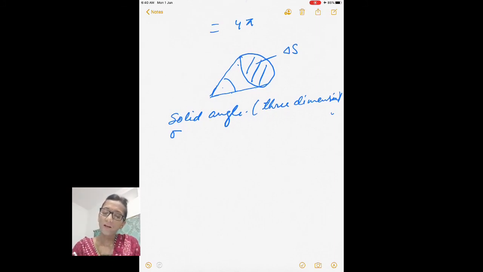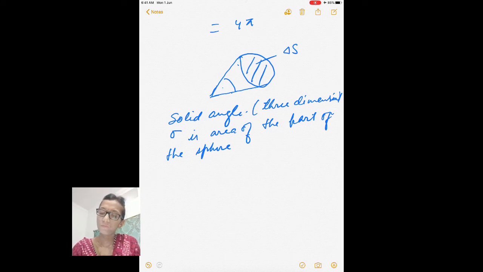So solid angle is the area of the part of a sphere divided by the square of the radius.